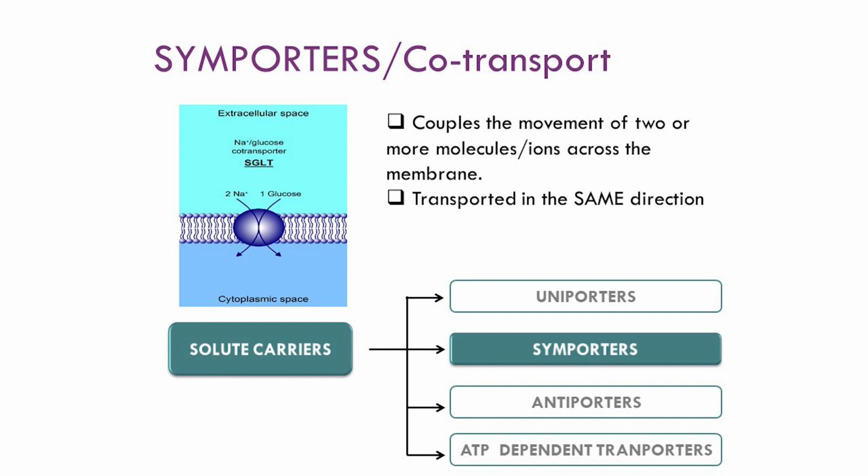If you look at the movement, the sodium and glucose move from the extracellular, meaning from the plasma, inside the cell by this symporter. The name of the symporter is your sodium glucose symporter. They are symporters because they move in the same direction.